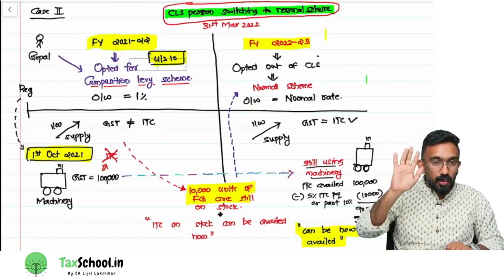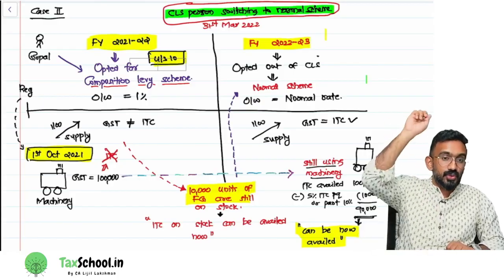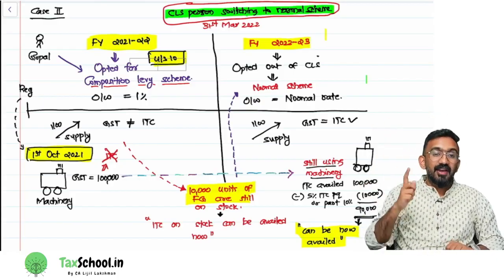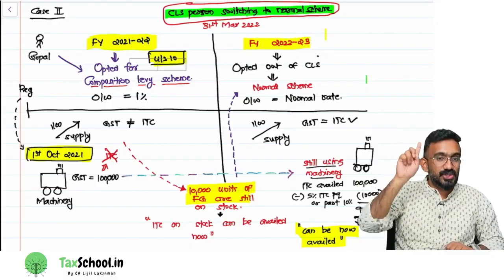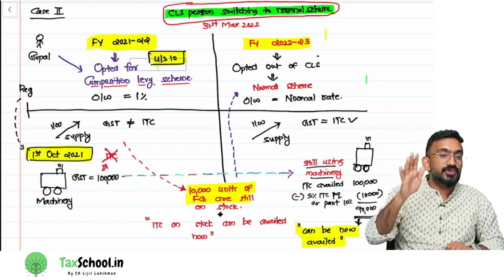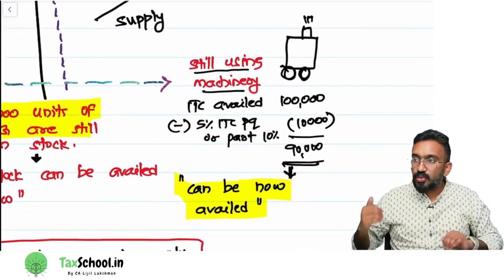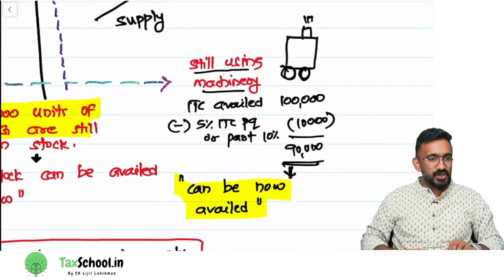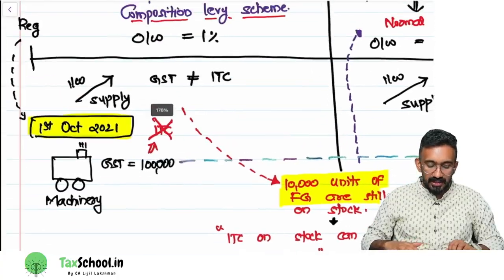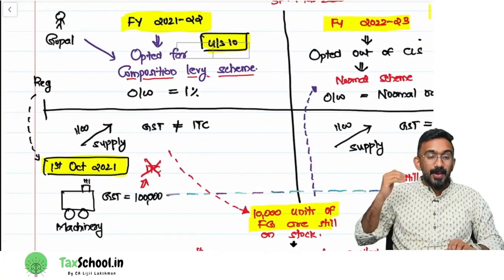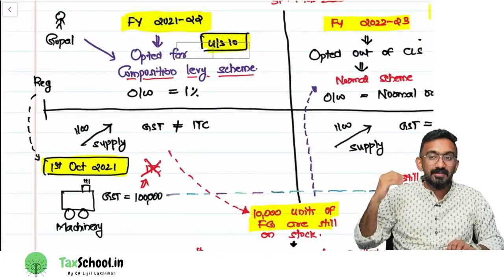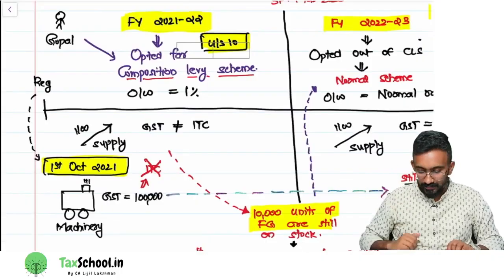For every quarter you have used, we're going to use rule 40 to club this. For every quarter you are under the composition levy scheme, you're supposed to reduce 5% per quarter, and the balance only you can take as ITC. So when you're moving out of the composition levy scheme, how much ITC can you take? I purchased in which month? October 2021. When did I move out of the composition levy scheme? 31st March 2022.